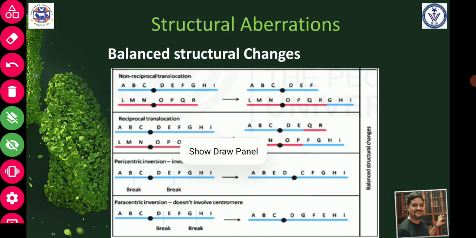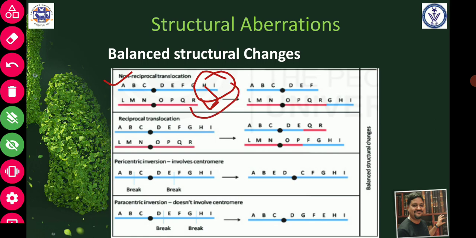there are balanced structural changes. In balanced structural changes, there will be exchange of segments or transfer of a segment from one chromosome to another chromosome. In that you can see non-reciprocal translocation, where the segment G, H and I is transferred to a non-homologous chromosome, another chromosome.